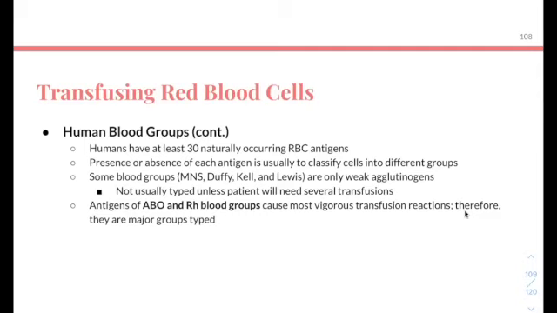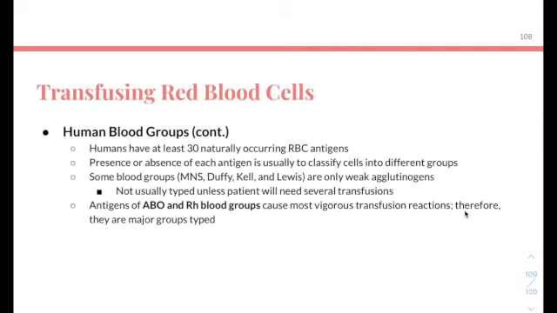So they're not usually typed because they don't create as big of a problem in most people. If somebody needs several transfusions, they'll start looking into that. But if they only need one or two transfusions, it's not going to be that big of a deal.